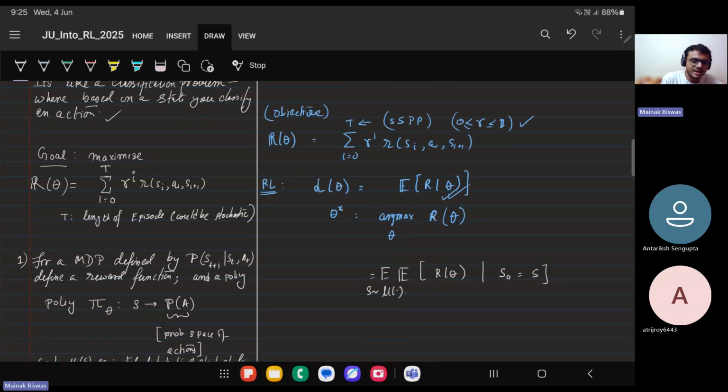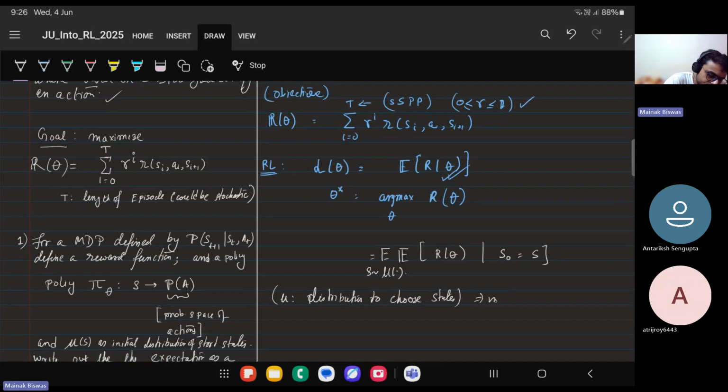So this is an iterated expectation. Do you agree? So say mu is a distribution to choose states, independent of theta. Clear?